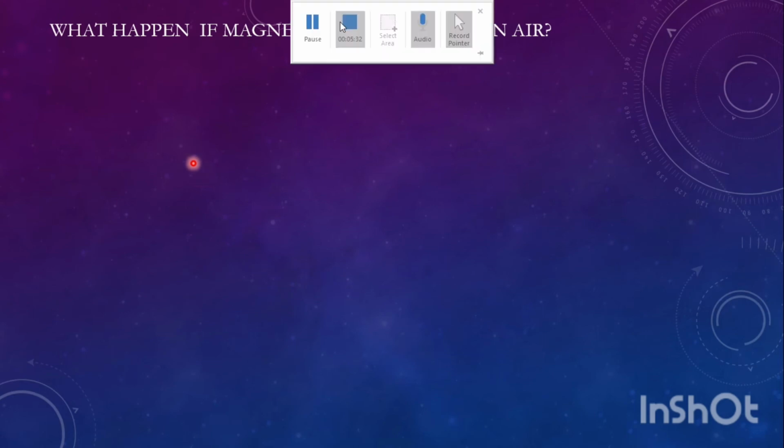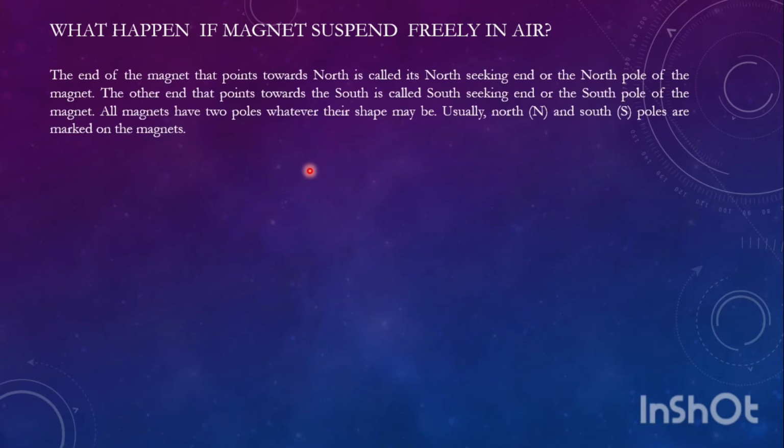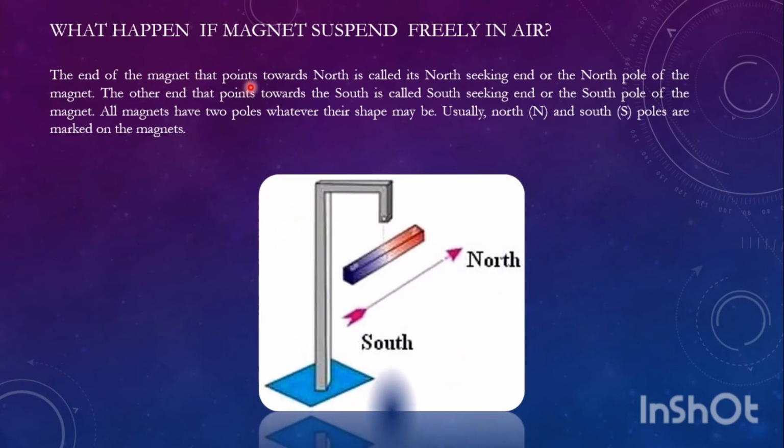What happens if a magnet is suspended freely in air? If we suspend a magnet by a thread in air, the end of the magnet that points towards north is called the north pole, and the other end that points towards the south is called the south pole of the magnet.